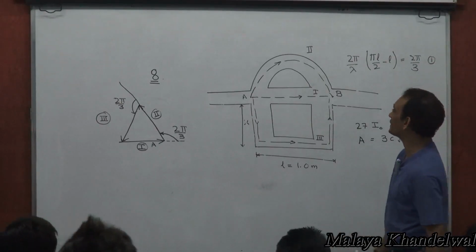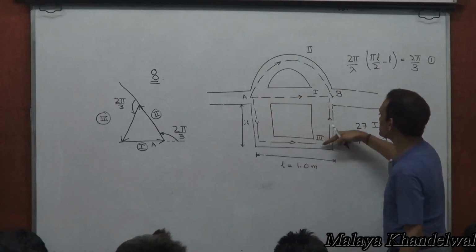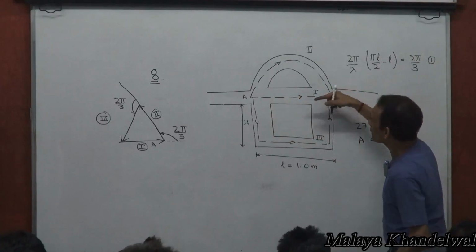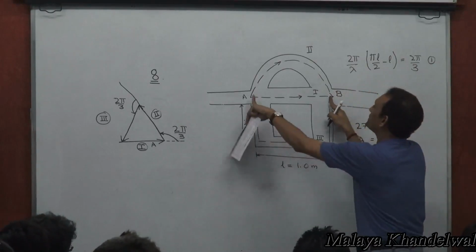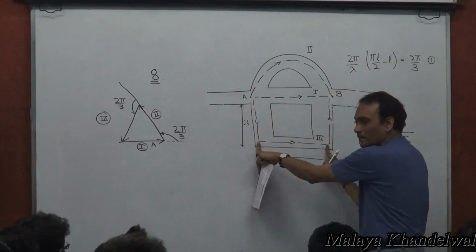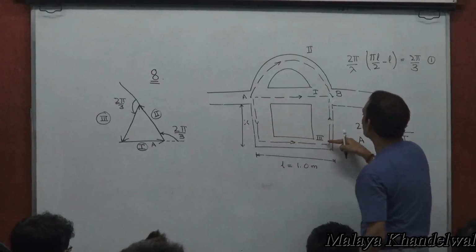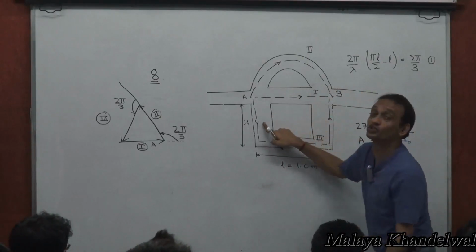Now between 1 and 3, 1 is this path, 3 is this path. Right? This length is x units, this length is also x units. But this L and this L is the same path. Therefore between 3 and 1, what's the path difference? 2x.